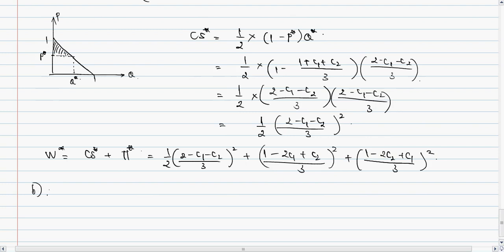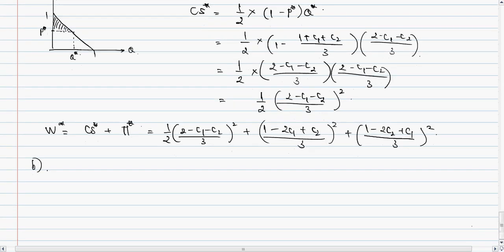Now part B: represent the Nash equilibrium on the best response function diagram. So we'll try to show the best response functions for both firms on the diagram, and then see how a reduction in the cost of production for firm 1 will change the equilibrium.